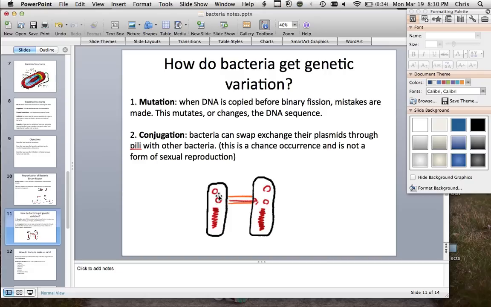And remember, these plasmids are just pieces of DNA, and they contain genes. So this is one way that bacteria can exchange their genes, and this could reshuffle genes and lead to new genetic variation. So mutation and conjugation.